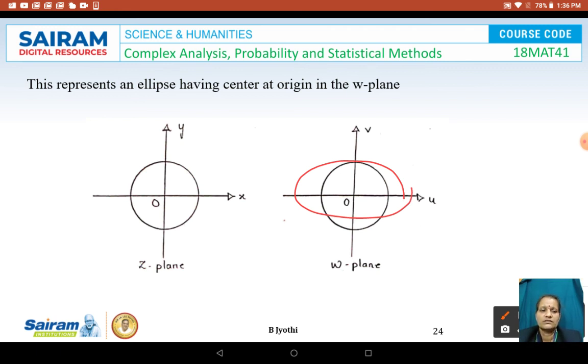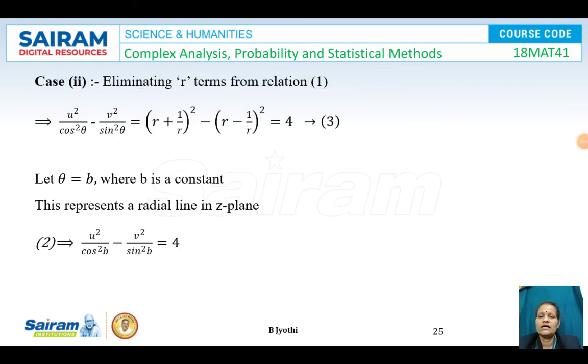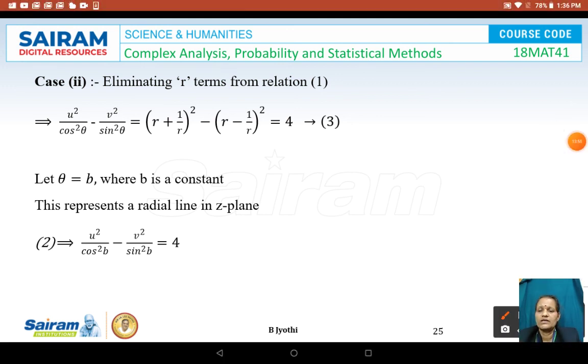Next, eliminating r in terms of the relation 1, u square by cos square theta minus v square by sin square theta, which gives us 4. That is on the expansion. Let theta is equal to b, where b is a constant.